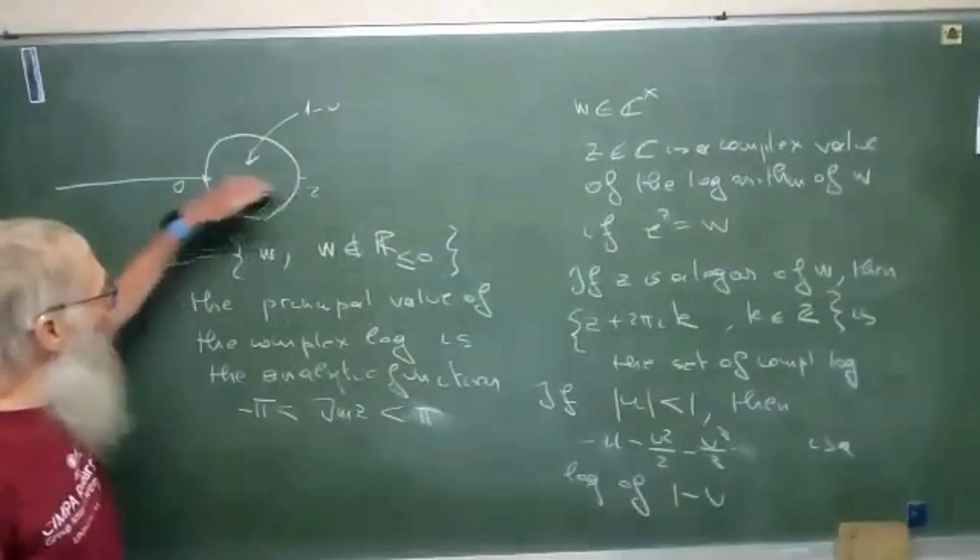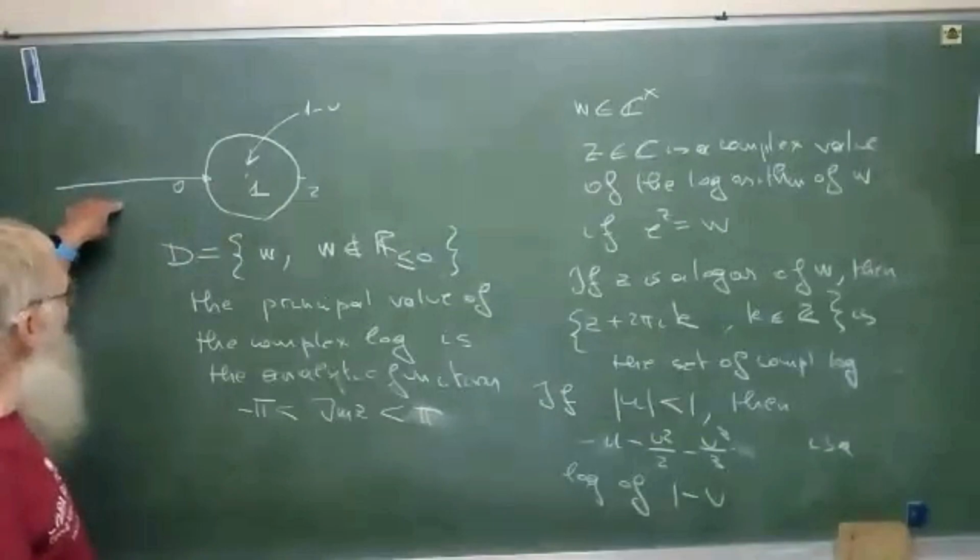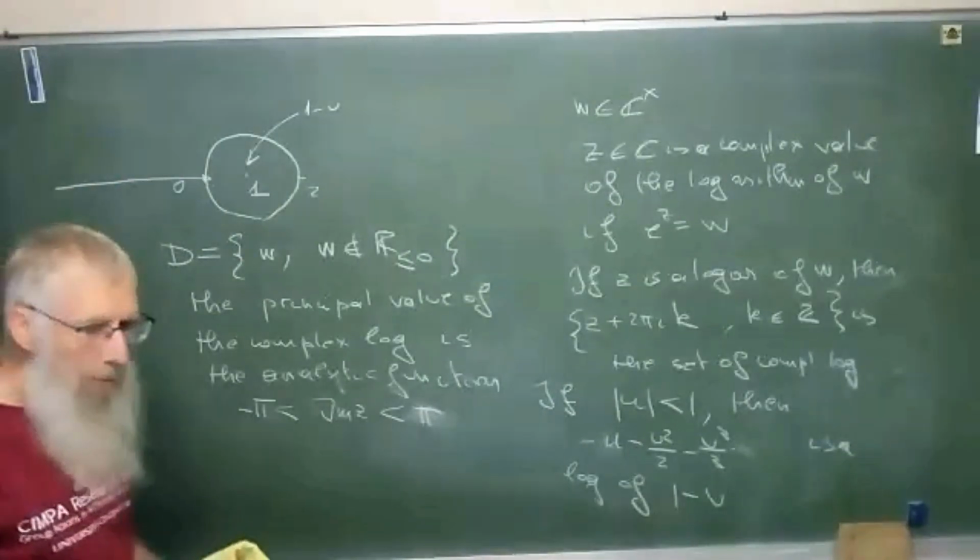Here the imaginary part is 0, and so this is between minus pi and plus pi.